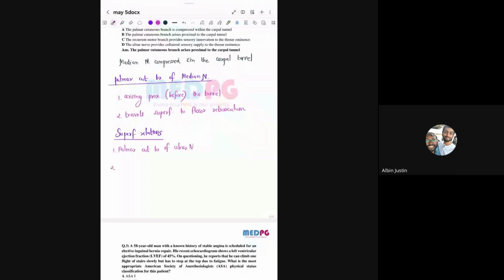Then you have the palmar cutaneous branch of the median nerve. Then you have the superficial branch of the radial artery. And indeed you have the ulnar nerve and ulnar artery. And there is one tendon, which is the tendon of palmaris longus.